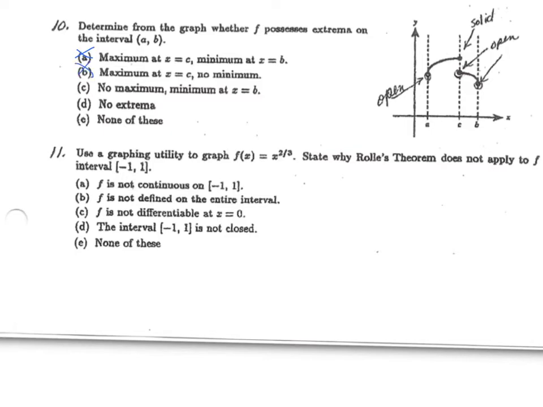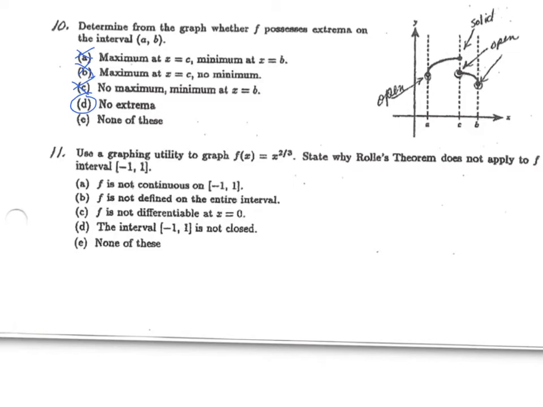So that would eliminate choice B. At choice C, we have no maximum, but we have a minimum at x equals B. And again, that is an open dot, so we can't have a minimum point there. Choice D says that we don't have any extrema, and that would be correct since we are not continuous and we have open dots at the endpoints.